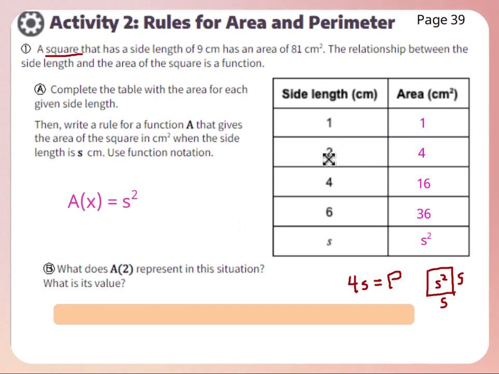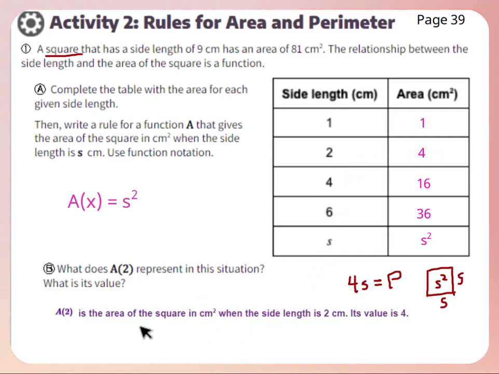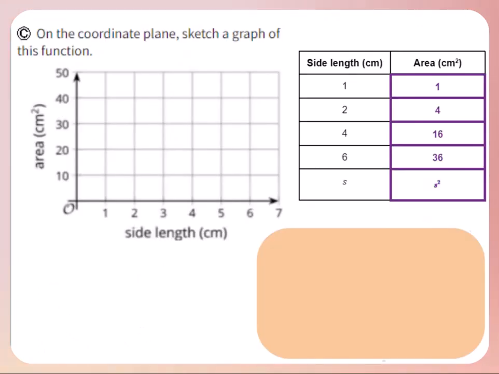A of 2 is the area of a square with a side length of 2. All right, moving on to C. On the coordinate plane, sketch a graph of this function. Okay, so we have side lengths of 1, 2, 4, and 6. We have the area calculated on the right.